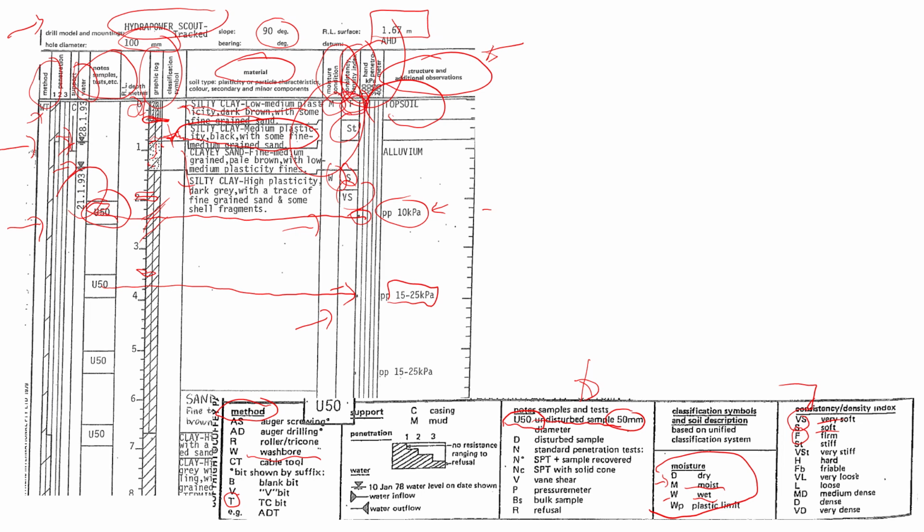But below that, we see alluvium. And what we know from soil mechanics and geology is that alluvium is a very soft material, which typically has lots of water. That's why when we look at moisture characteristics, you will see that soil is wet, right? And then when we look at the strength, because it's very soft clay, we see that the strength is very low. It varies from 10 to 15 to 25 kPa.